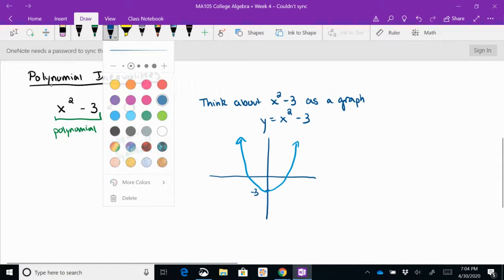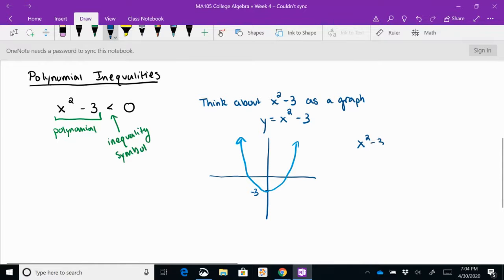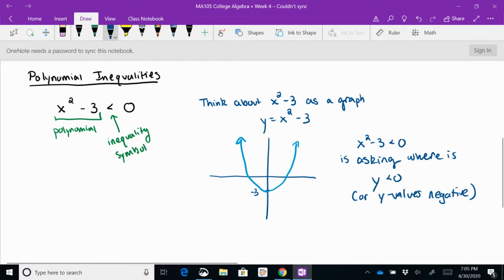So if we have x squared minus 3 less than 0, this is asking where is x squared minus 3, the y, less than 0? Or our y values are negative. So if you're thinking about an inequality here, if you have some polynomial and that's your y that you're graphing, we're asking where is the y negative?